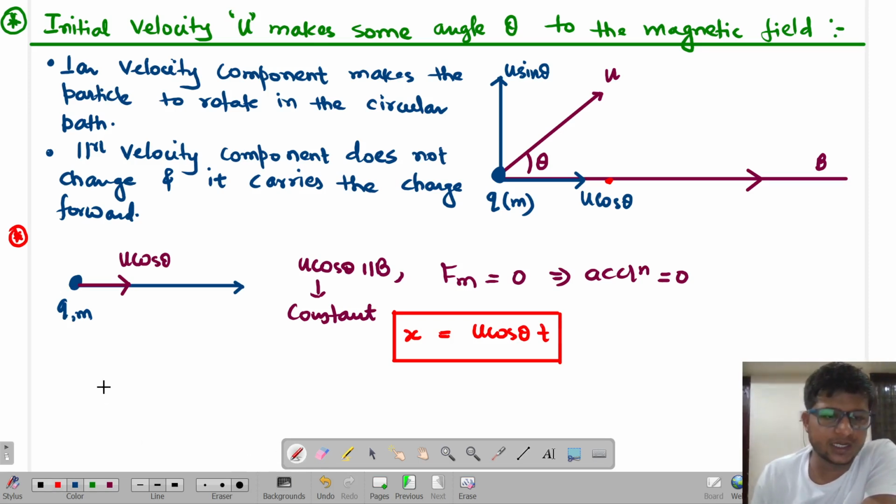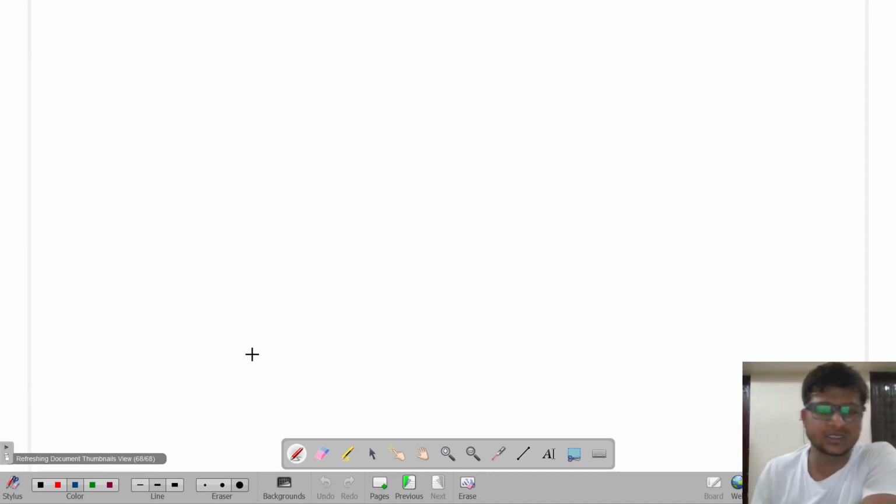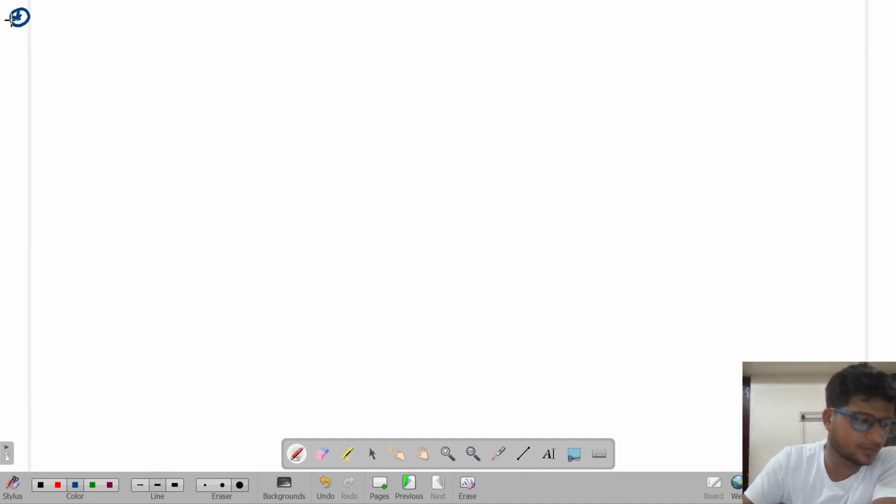Now, the same particle, if it is taken by the perpendicular component, we know that the perpendicular component will make the particle rotate. So let us understand the situation.